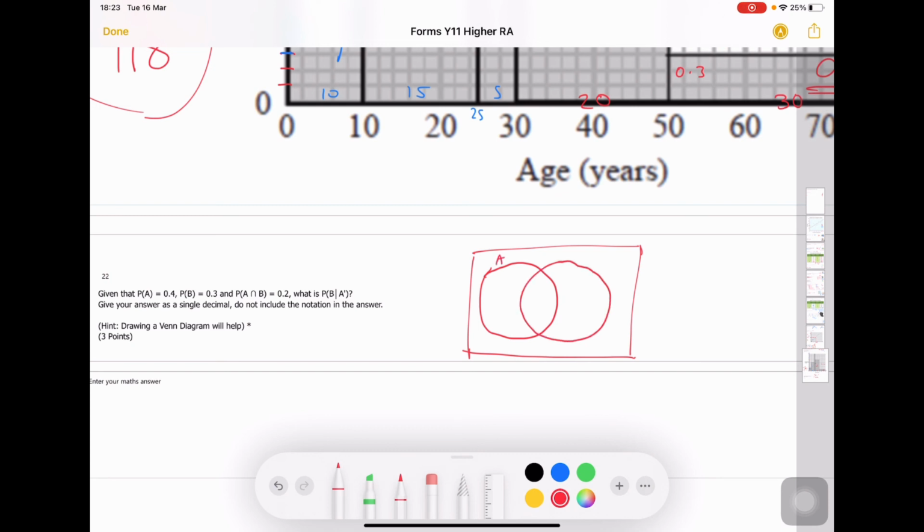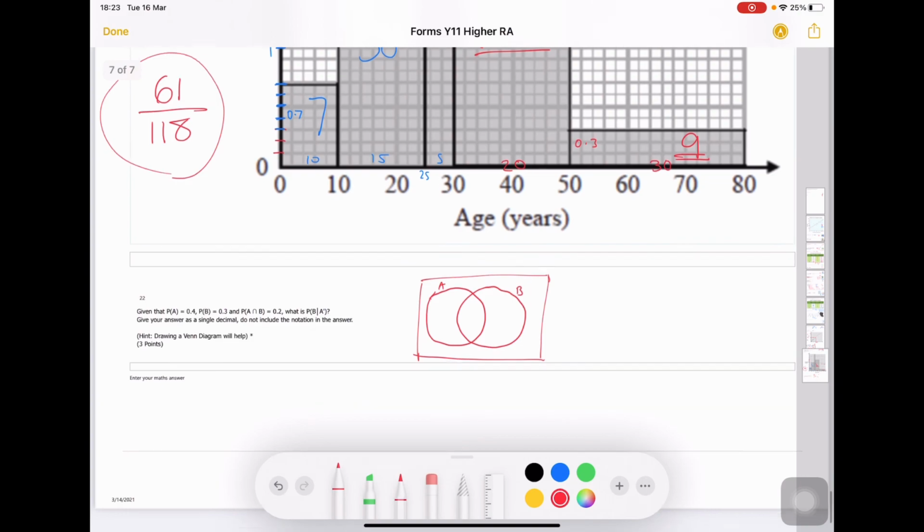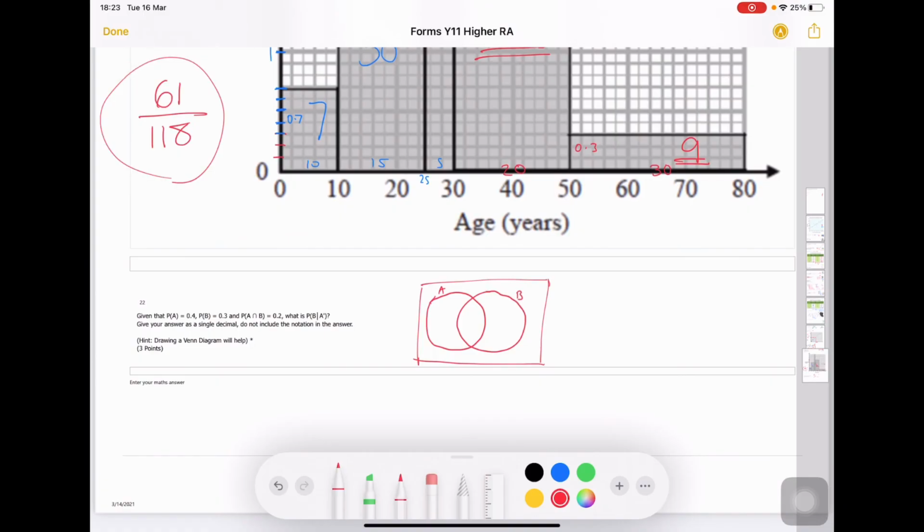So A, B. Probability of A is 0.4. Actually, let's do this one first. Remember, always start with the overlap. 0.2.